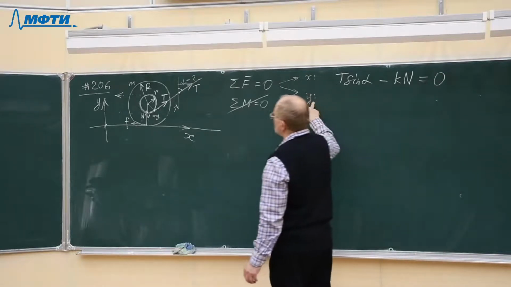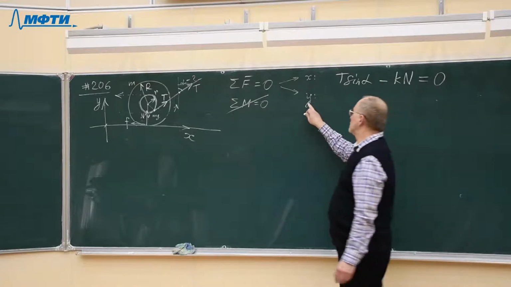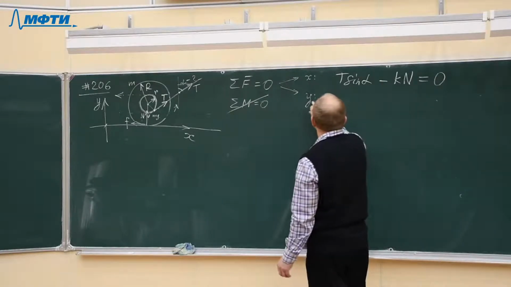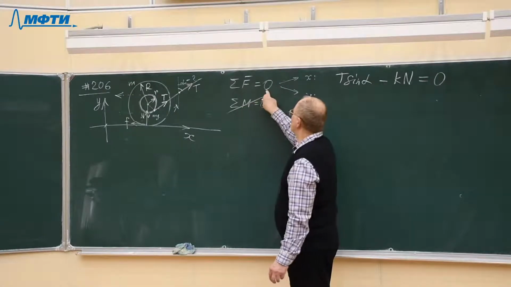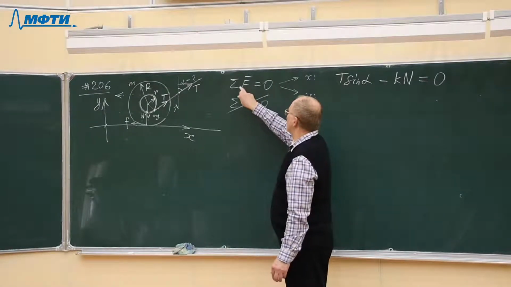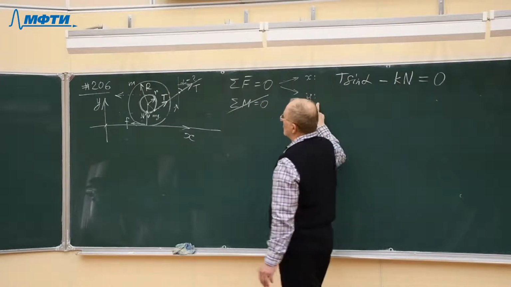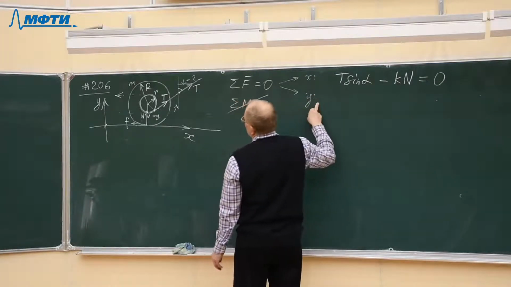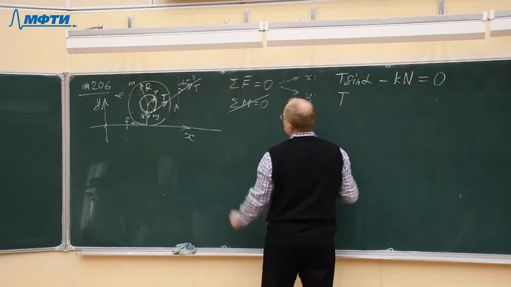And now in the vertical direction, the same. We have to take into account this condition that the vector sum of all forces is 0. It means that the sum of all vertical components of all vectors must be 0. First, the vertical component of the tension in the string.